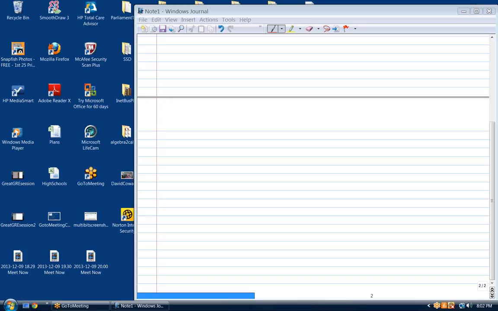Okay, parabolas. Now, is this parabolas in a quadratic sense or parabolas in a conic section sense? I couldn't tell you the difference. Well, there's actually a pretty big difference.